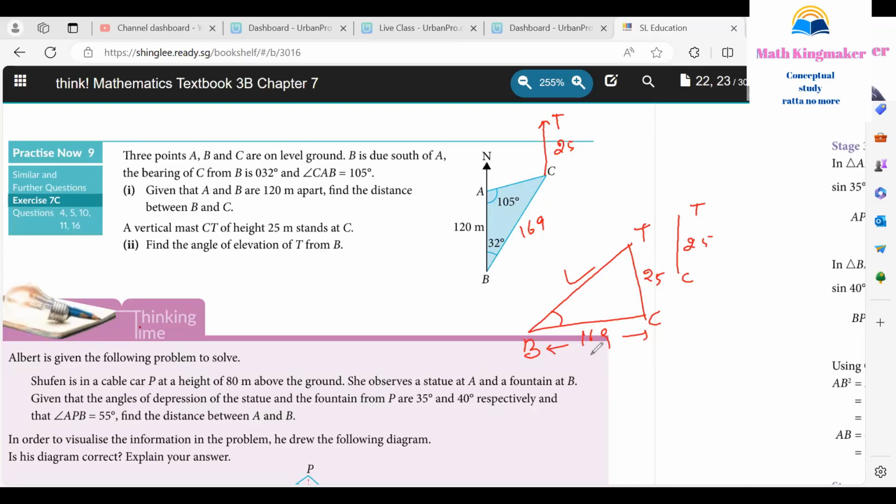25 by 169. 25 by 169. It is 0.1479, and it is tan inverse. Yeah, so it is 7.9. How much? 8.41 it is coming. So for me, it's coming 7.9.